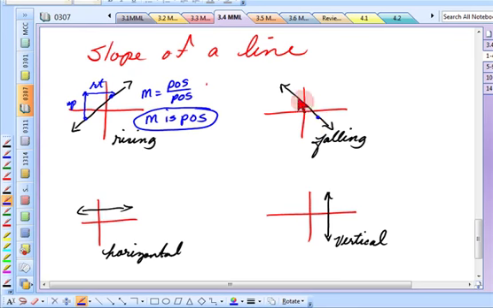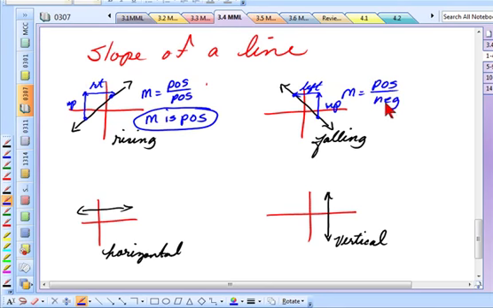All right, let's look at a falling line. To do the vertical change, it's up. To do the horizontal change, it's a positive and a negative. The slope is a positive over a negative. Now, yes, those could be negative over positive.